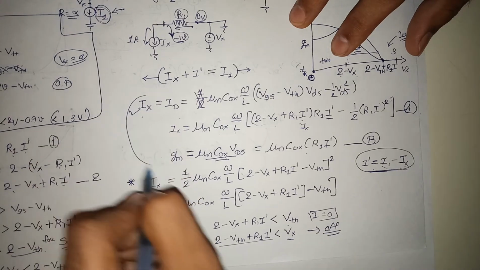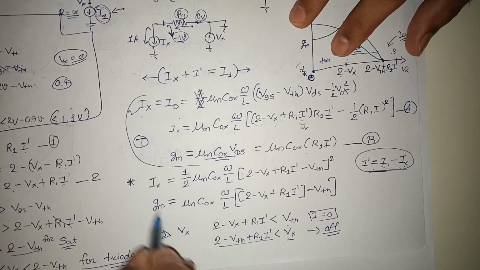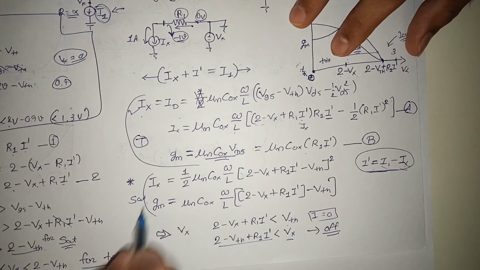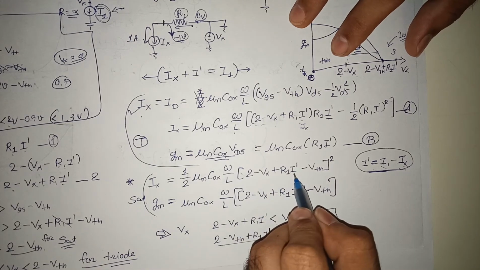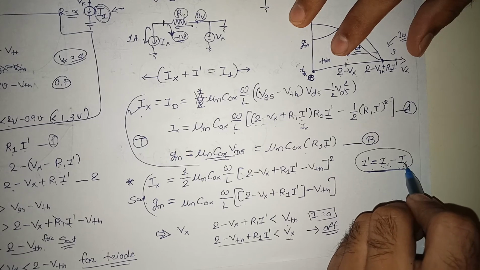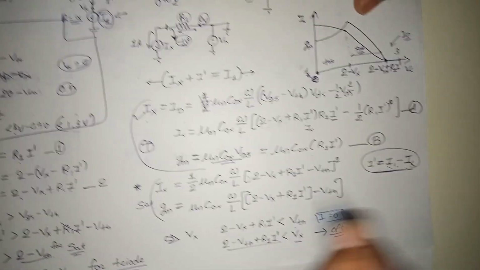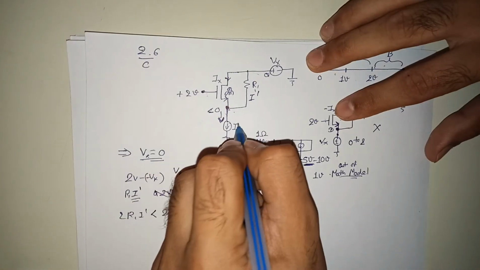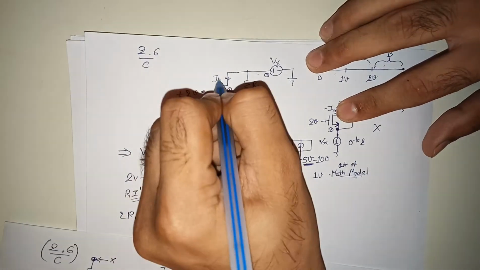So this is triode and this is the saturation region equation. Same goes for here also. I dash you need to convert with I1 minus Ix, and don't confuse between this I1 and Ix. What I am considering, this is I1, this is already given.